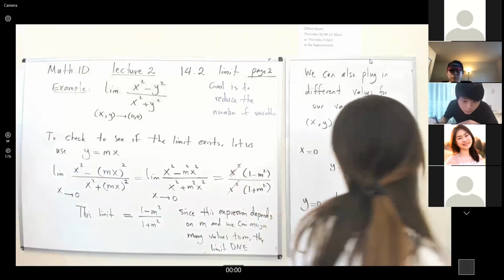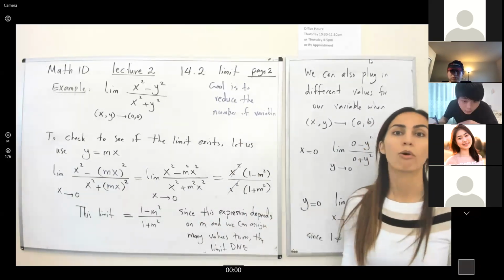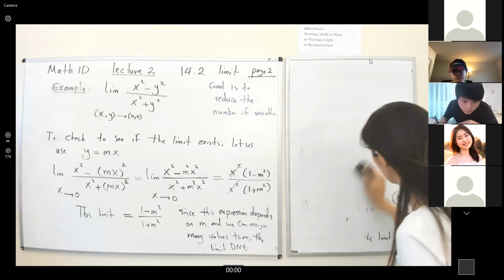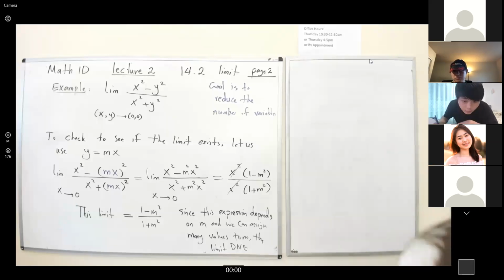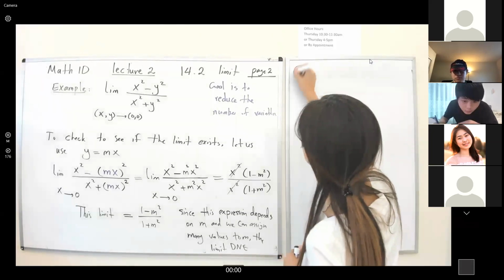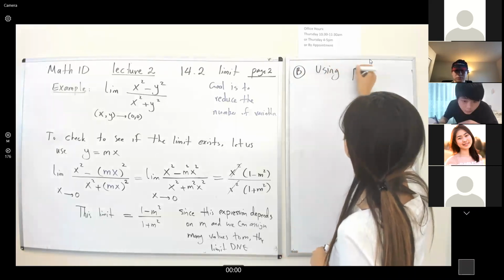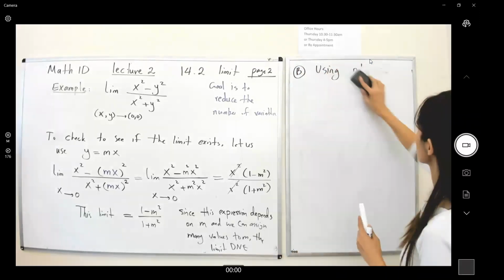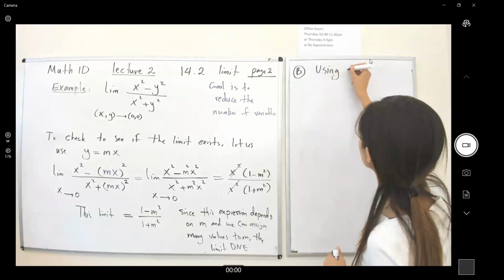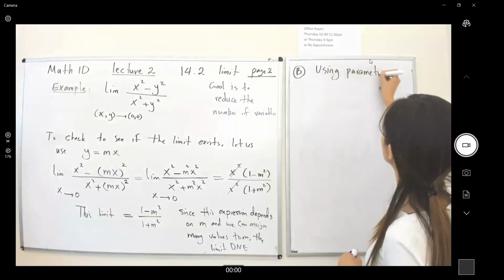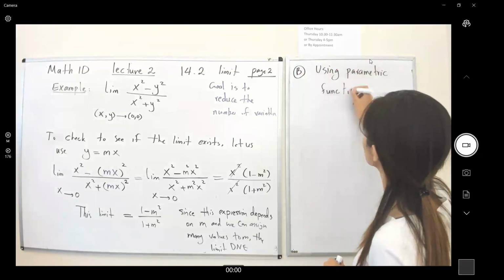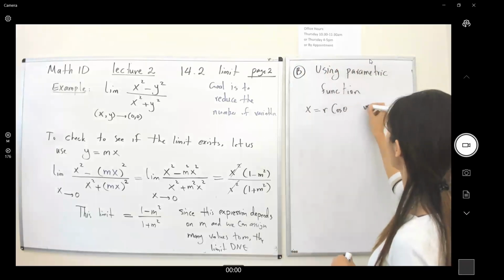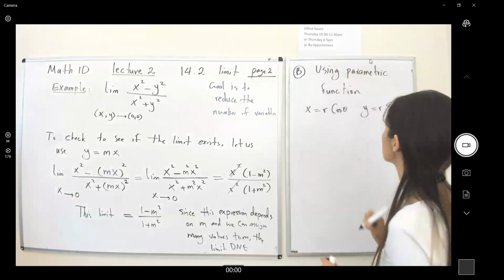Well, another popular method is to use polar coordinates, using parametric functions. x equals r cosine theta and y equals r sine theta.